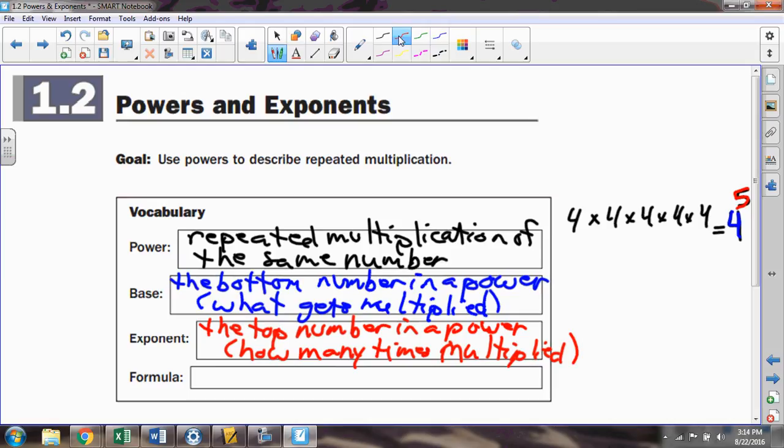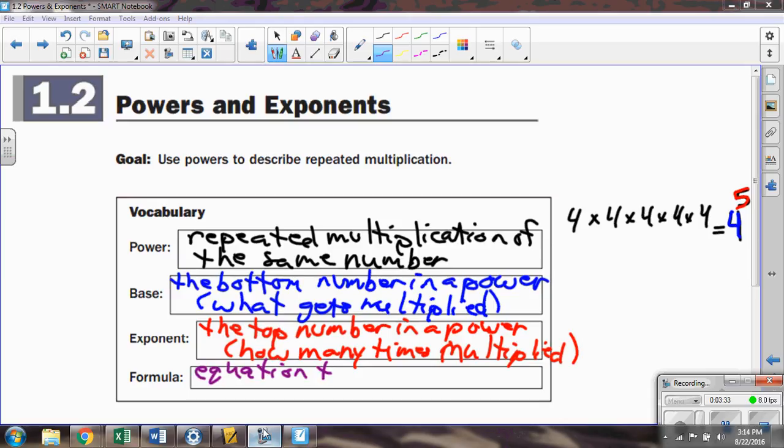And then lastly, we'll come over toward here. What's a formula? Formulas are just equations that show some kind of a relationship.